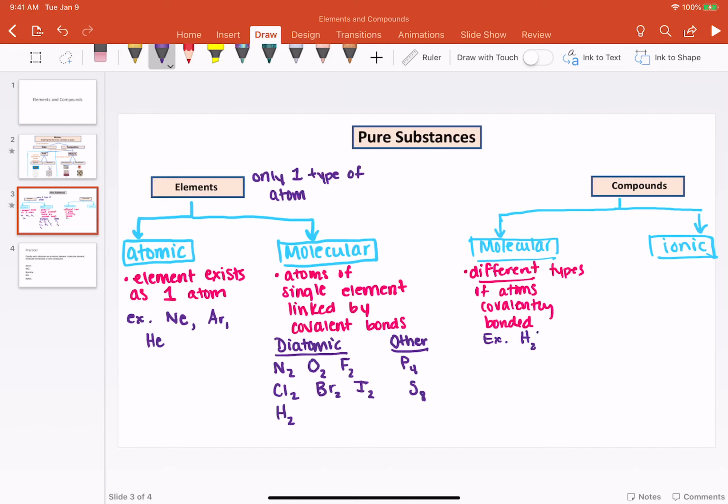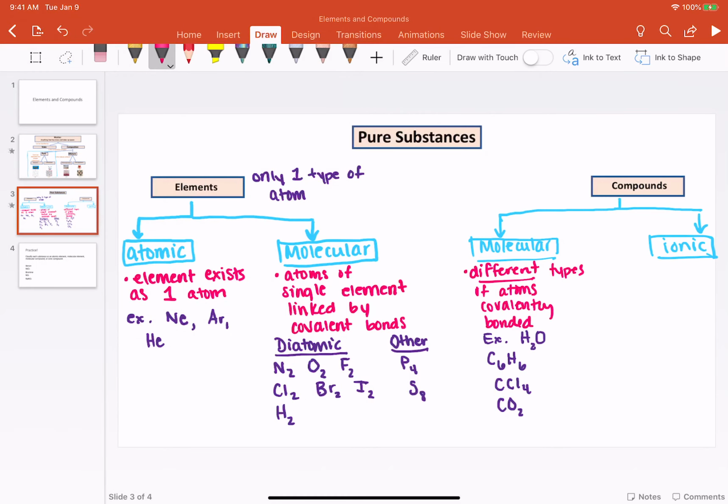H2O, which is kind of our go-to example, is a molecular compound. We also have C6H6. We used this in a prior example. That's called benzene. CCl4, I think that was used in one of our practice problems. Carbon dioxide, CO2, is also a molecular compound, excuse me.